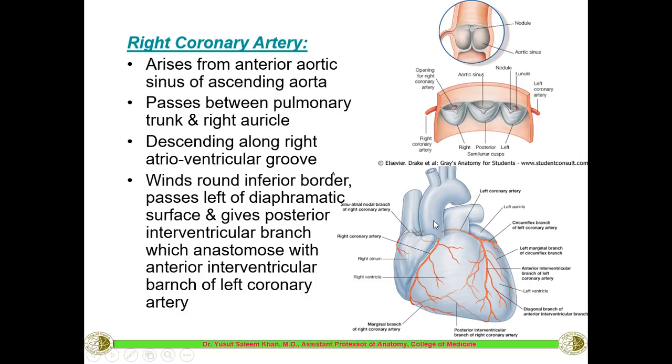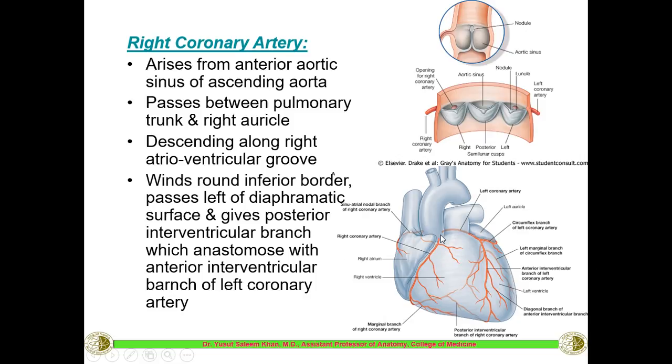If you can see here, it begins from the beginning of the ascending aorta, then it passes between the right auricle and the pulmonary trunk, which supplies the deoxygenated blood to the lungs. So here you can see it in between the pulmonary trunk and the right auricle of the right atrium. This artery arises, and this artery descends. This is the course we are discussing for this coronary artery: the beginning and the course.